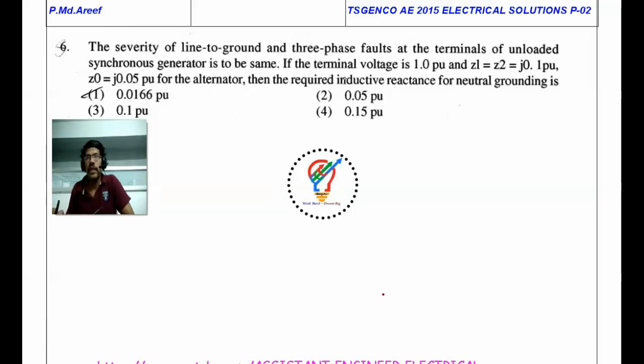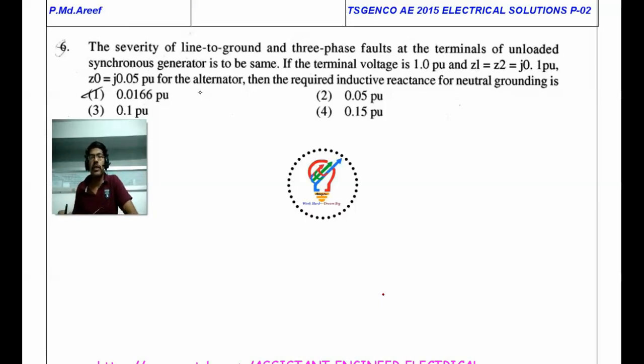If the terminal voltage is 1.0 per unit and Z1 equal to Z2 equal to j0.1 per unit and Z0 is j0.05 per unit for the alternator, then the required inductive reactance for the neutral grounding is.